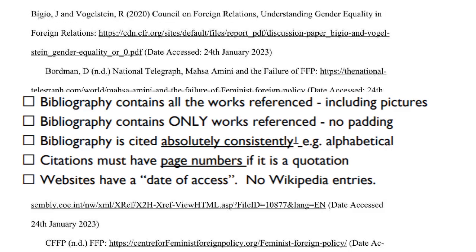In this case, they've gone surname, first initial, open brackets, date, title of whatever, and make sure on websites you have a date of access. Nothing should be Wikipedia, but Wikipedia has a fantastic way of citing things, and you can get a lot of citations from Wikipedia, just none of them are Wikipedia, and it's obviously page numbered.